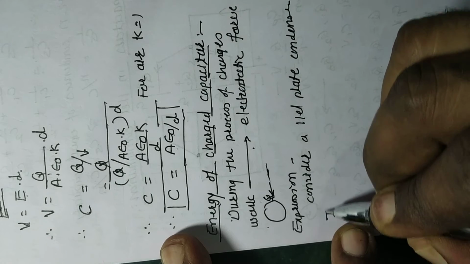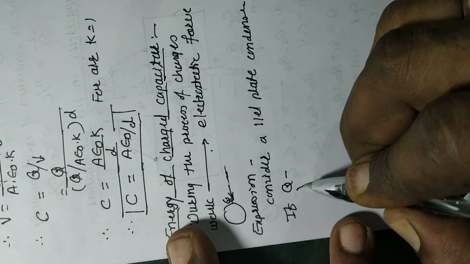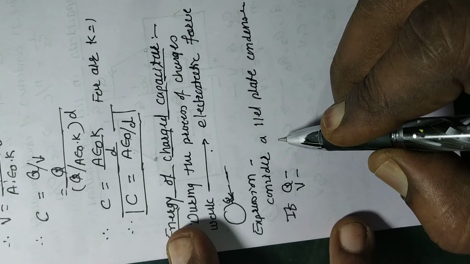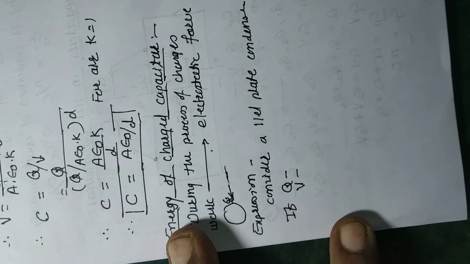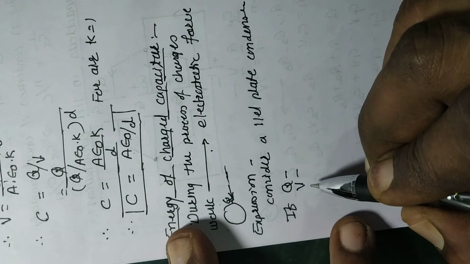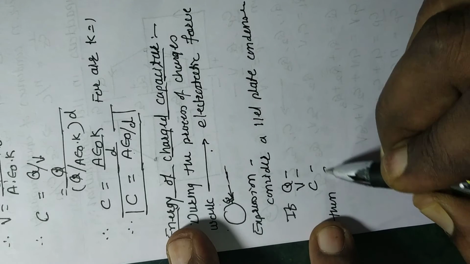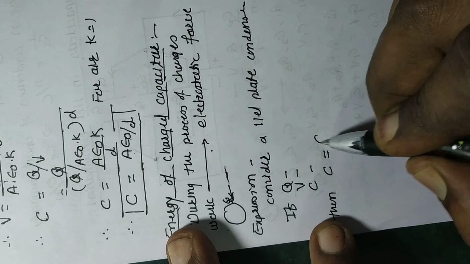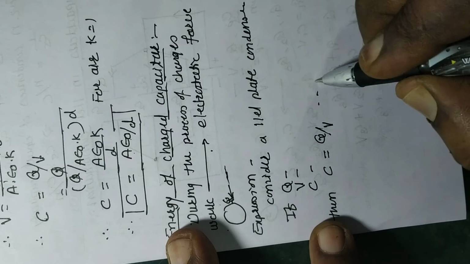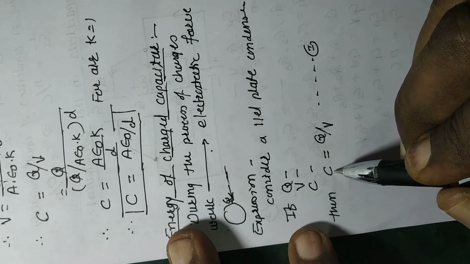If Q is the charge on condenser, V the electric potential on plates of condenser, and C the capacity of condenser, then capacity of condenser is equal to Q divided by V. Suppose this is our equation number 1. That means it already has this much capacity.